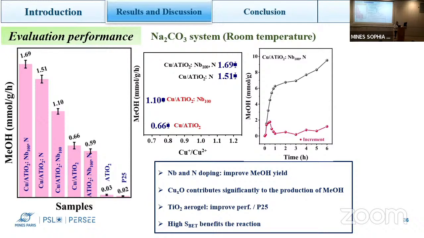Because it seems to have some difference when we make the calcination under NH3. And maybe also here you see some great difference in the quantity of copper at the surface, because in fact we don't know exactly where the copper is, because in some samples we have some copper, but less at the surface.